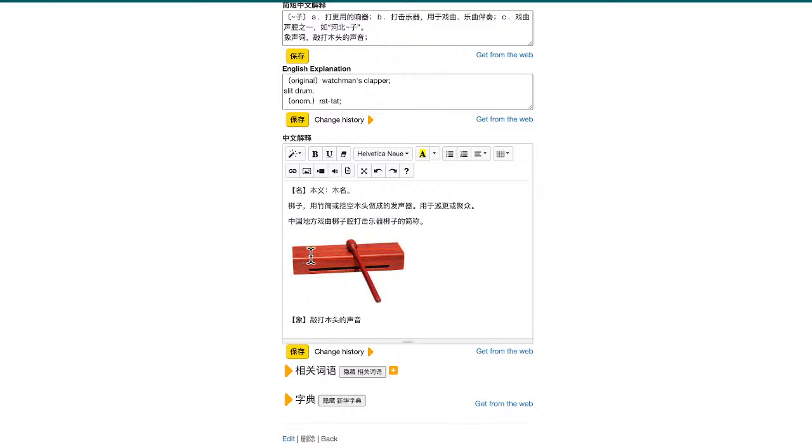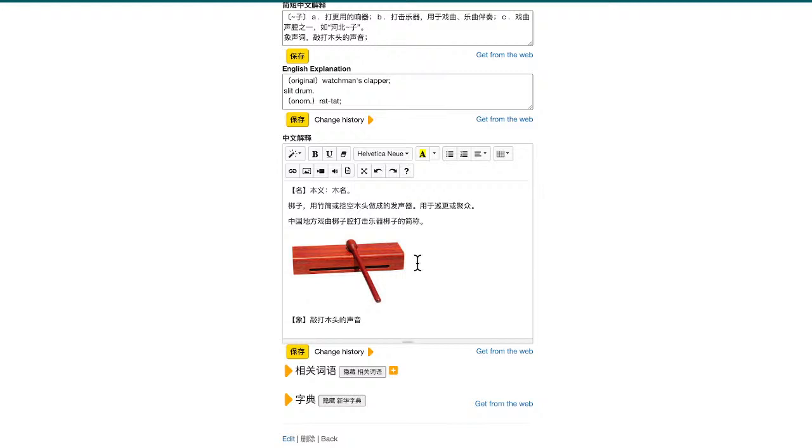Because it's hollow, it creates a resonant chamber. Then you use a stick to knock it, and it will emit a very nice, very loud sound. It can travel far.